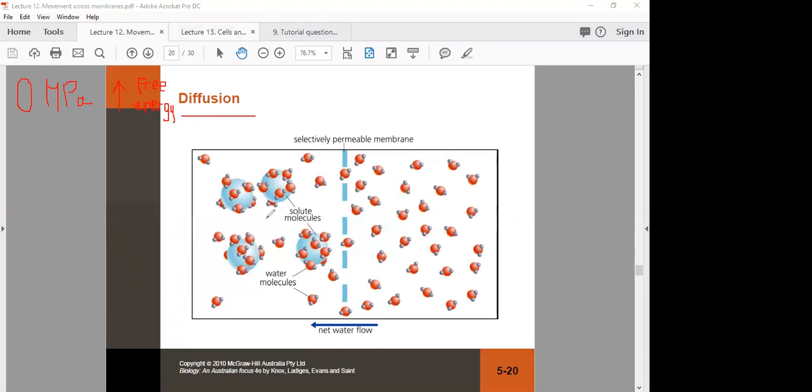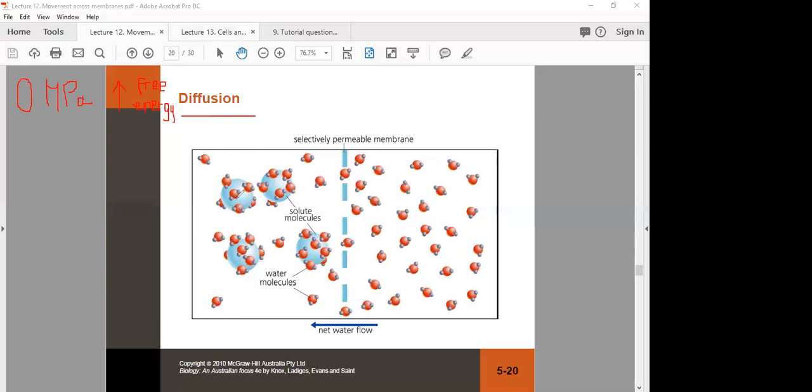To the right of this membrane, you can see that many of the water molecules are interacting with these solute molecules. Given that they're being bound up via those interactions, you can think of the solute molecules as sodium ions, chloride ions, or anything that will interact with water molecules.